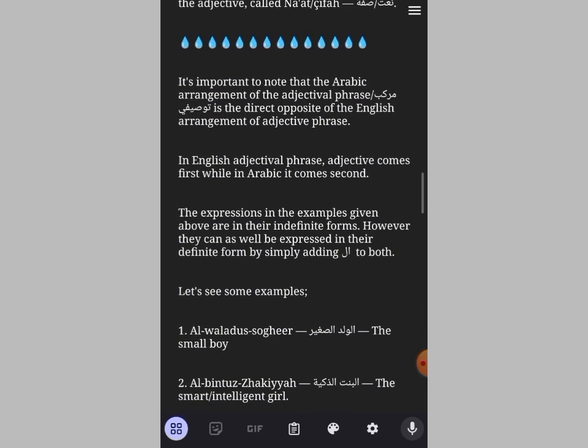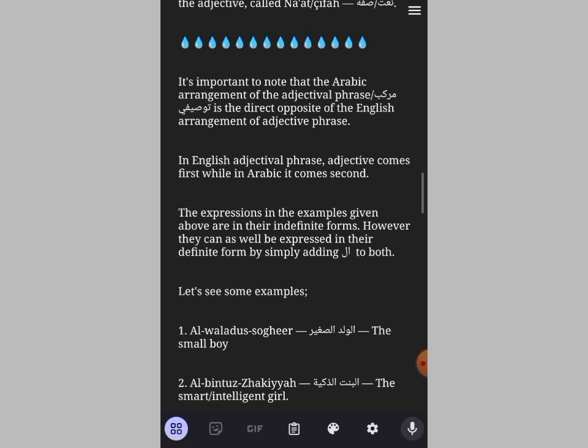Now, let's take note of a very important point which I've mentioned earlier. English is always the opposite arrangement of these Arabic words. Now let's look at how we can make the expressions.